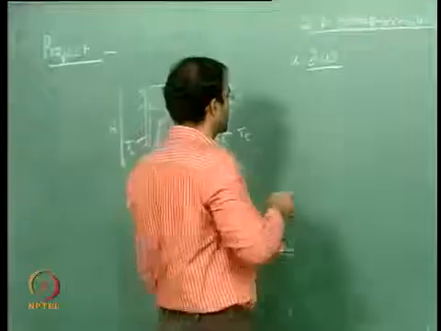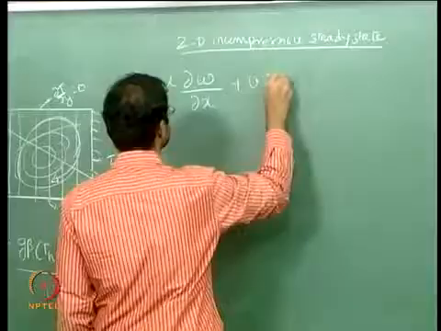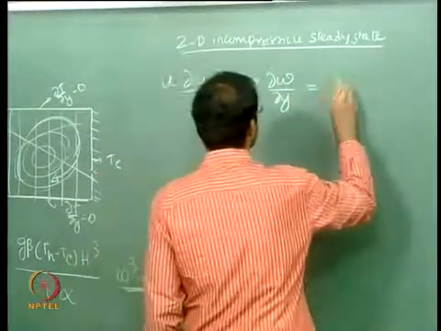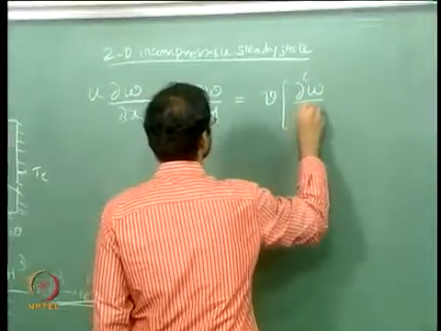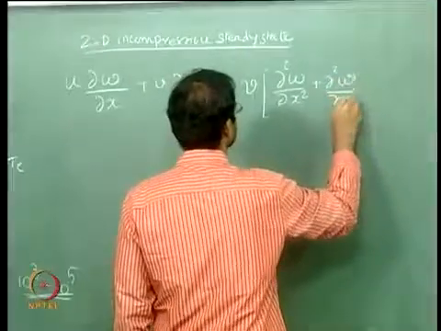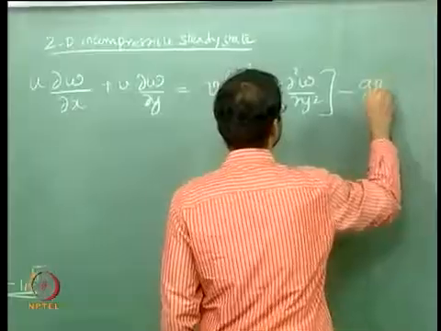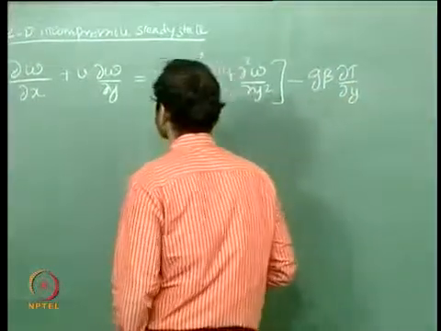Therefore the steady state equation will be, with the body force term, minus g beta dT by dy.